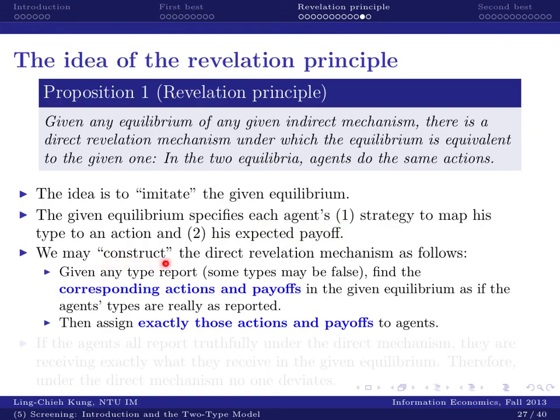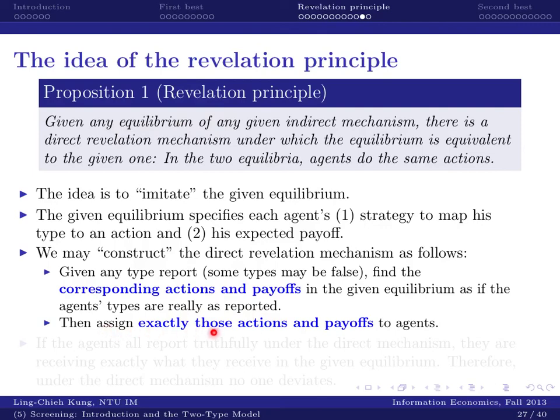We may construct the direct revelation mechanism as follows. Given a type report, true or false, I don't care, I first find the corresponding actions and payoffs in the original equilibrium, as if they are really of those types.